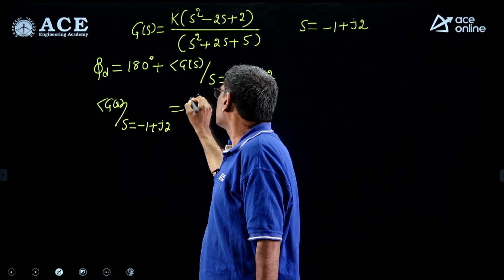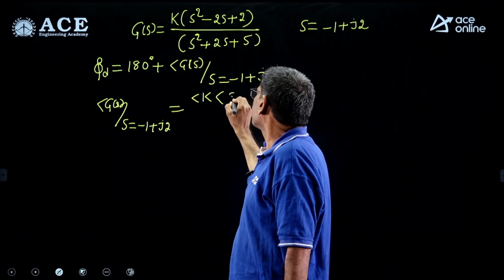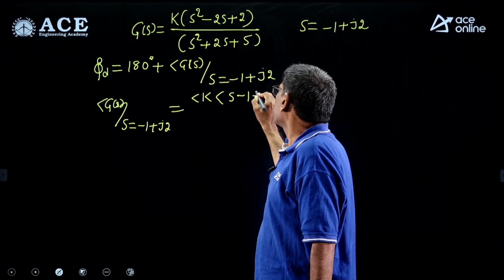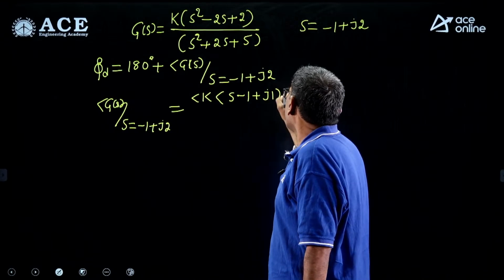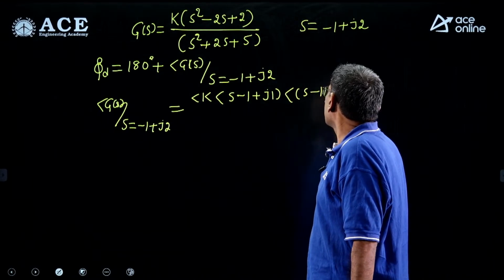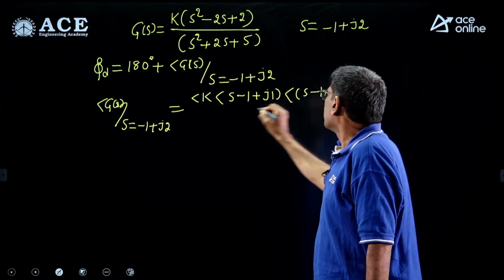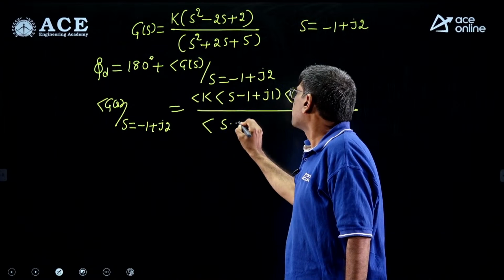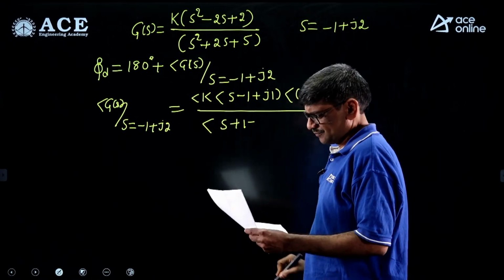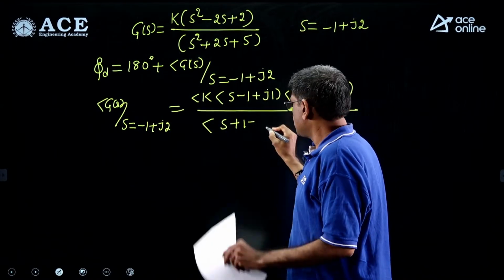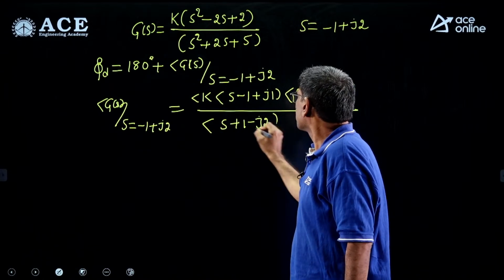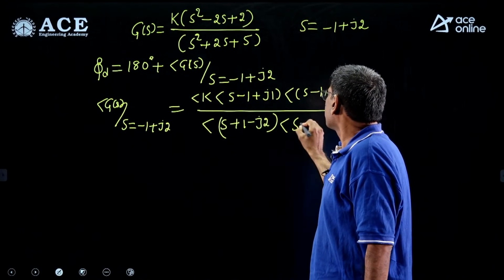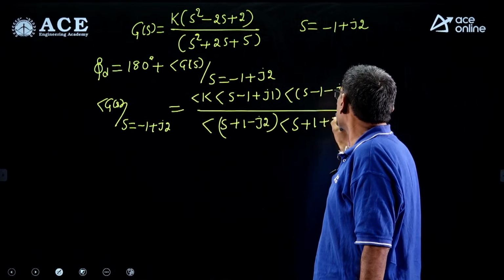So I can write it as angle of K, angle of S -1 plus J1, angle of S -1 minus J1 divided by angle of S plus 1 minus J2, then angle of S plus 1 plus J2.